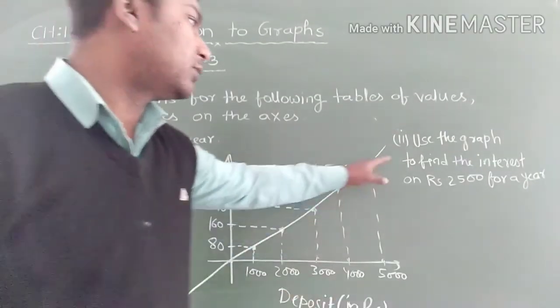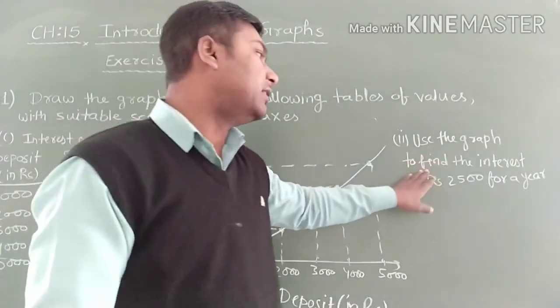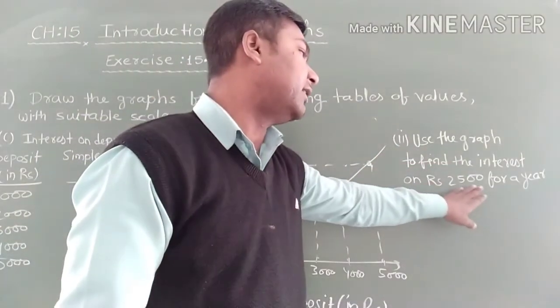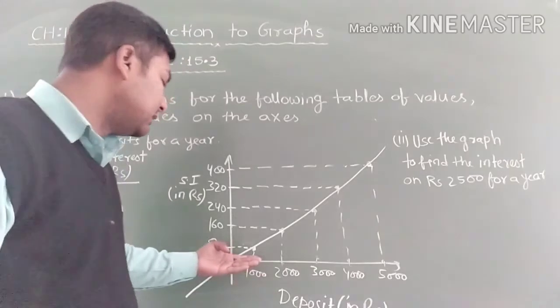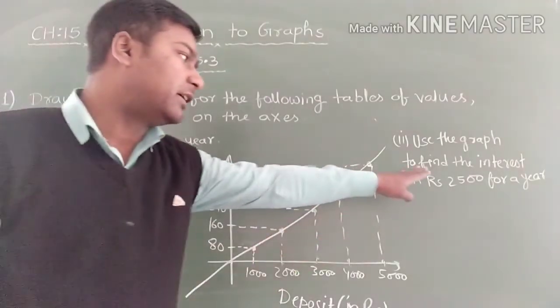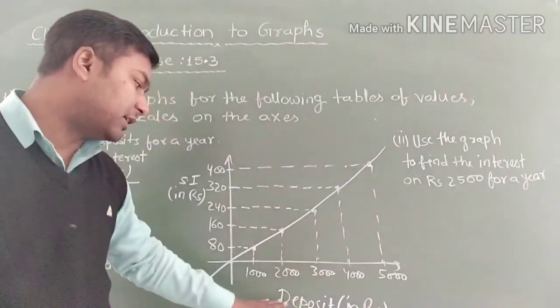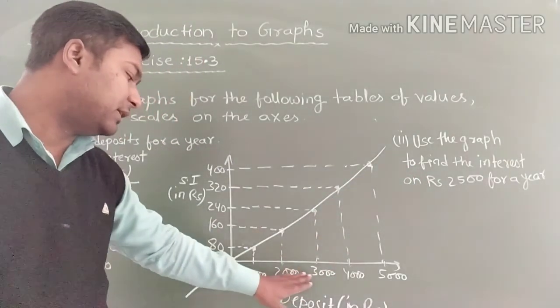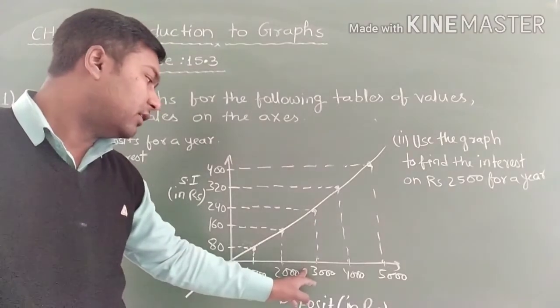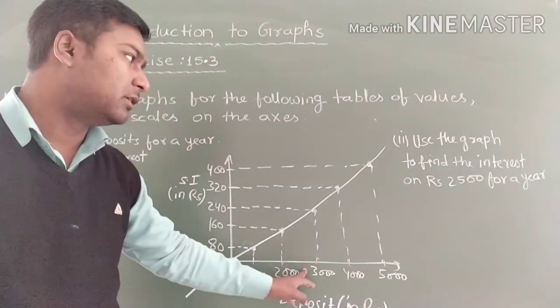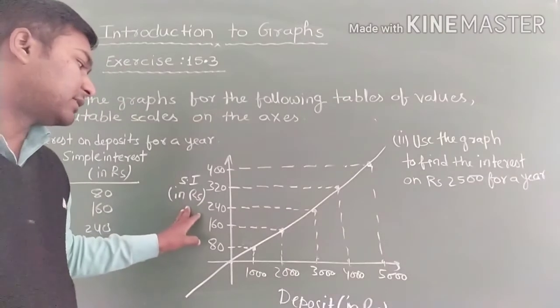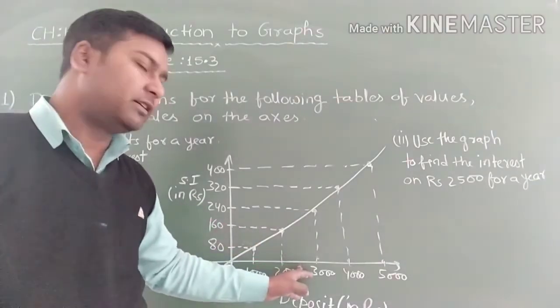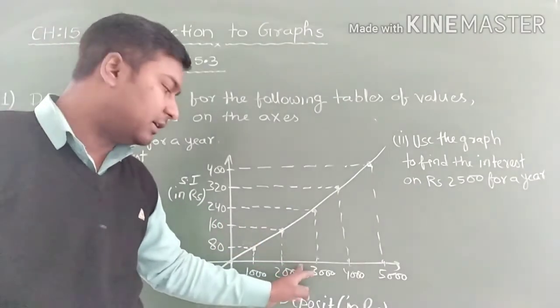Now second question: Use the graph to find the interest on rupees 2,500 for a year. The deposit is given, and we have to calculate the simple interest for a 2,500 rupees deposit.